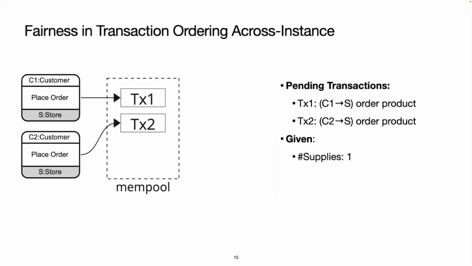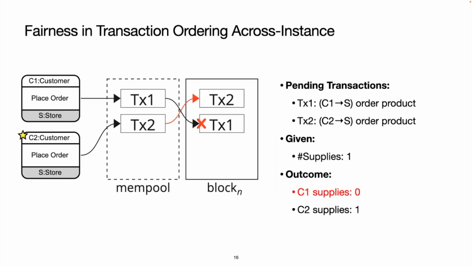So first, transaction 1 is before transaction 2. Now, supposing customer 2 was chosen as the miner, they can easily put their transaction first, canceling the transaction of customer 1. And in this case, supposing we had one supply, customer 2 will get the supply and customer 1 will get nothing.